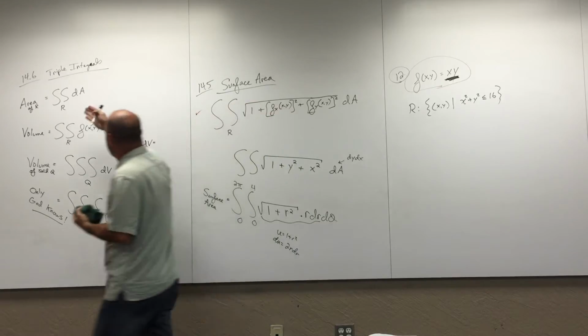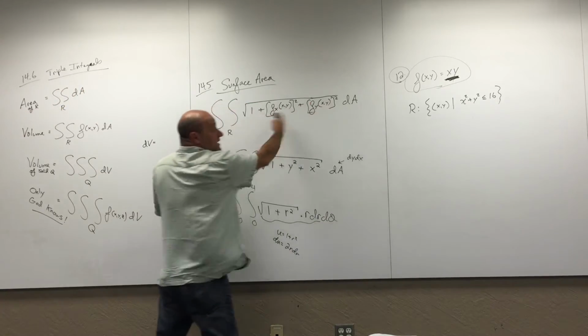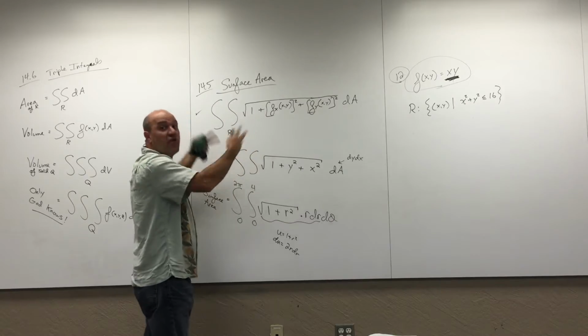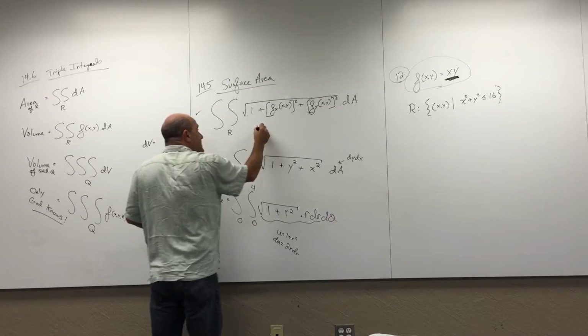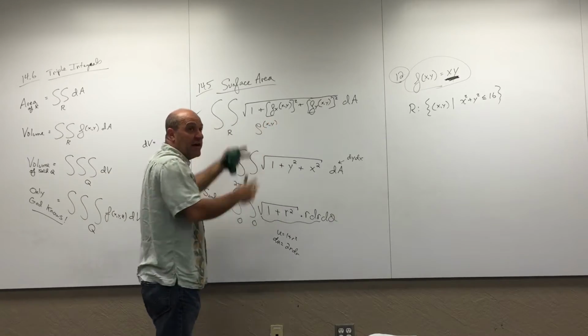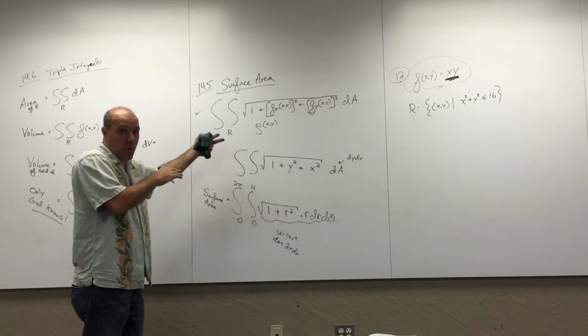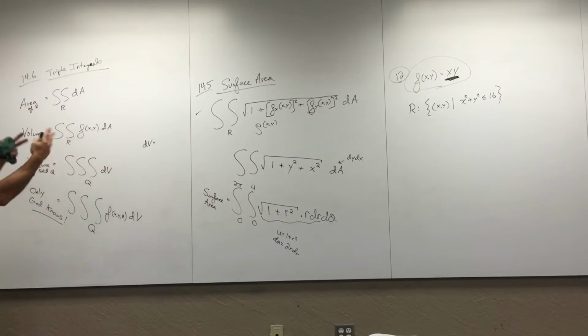A double integral is not just area and volume. If this is what you're integrating, a double integral is surface area. And if you put a density function in there, then you're finding the moment of inertia or the center of mass, so these things can be constructed to mean something other than area and volume.